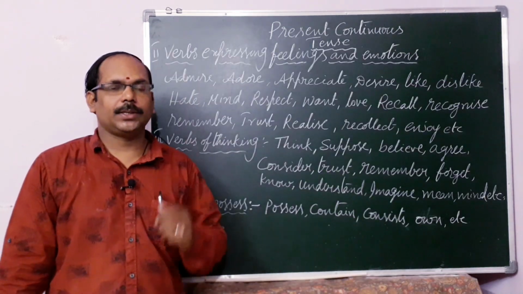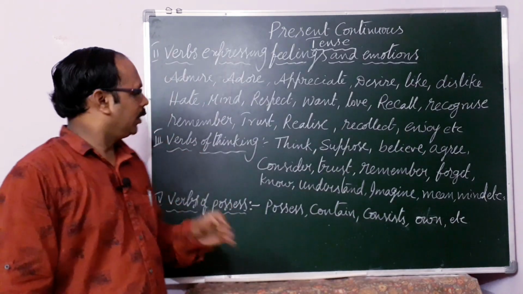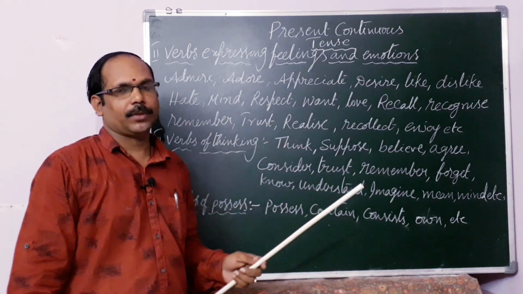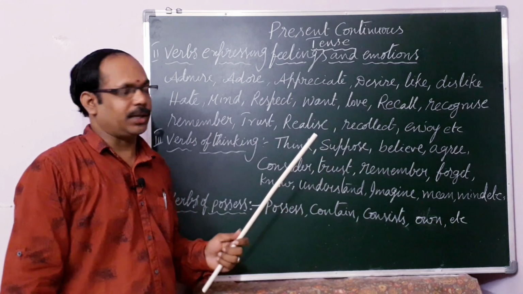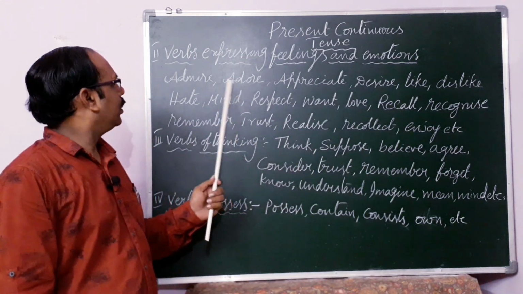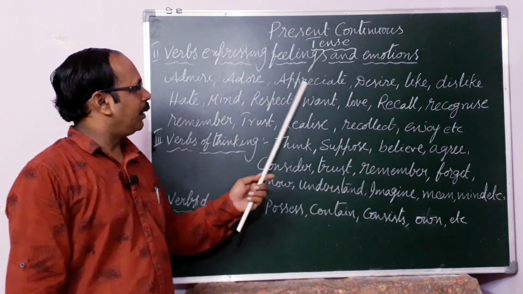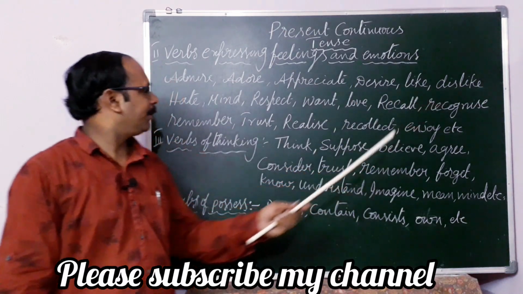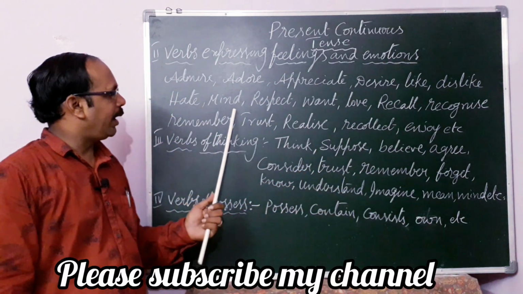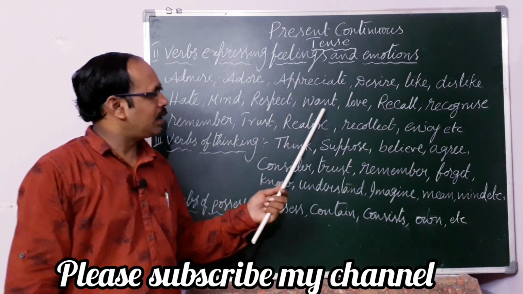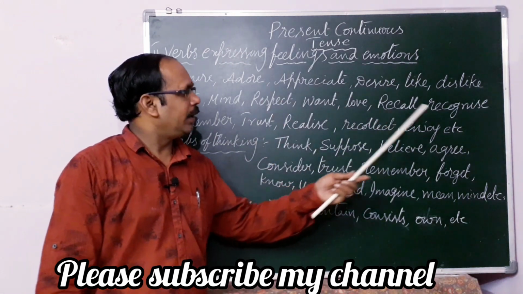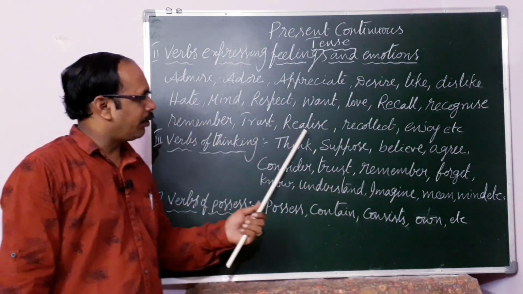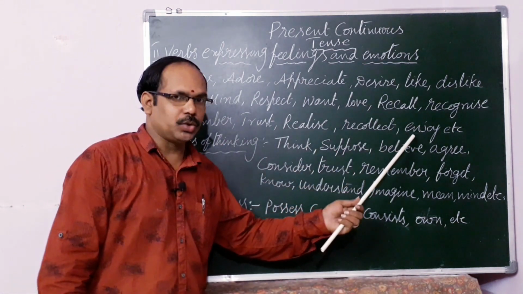My dear students, the second point is verbs expressing feelings and emotions can't be used in present continuous tense. Adore, admire, appreciate, desire, like, dislike, hate, mind, respect, want, love, recall, recognize, remember, trust, realize, recollect, enjoy.